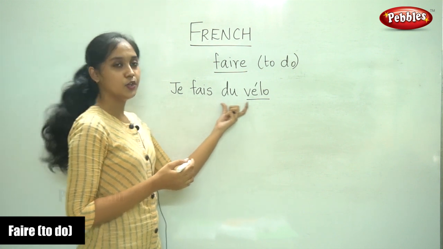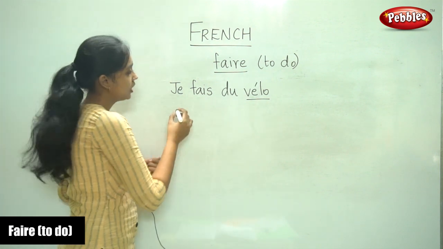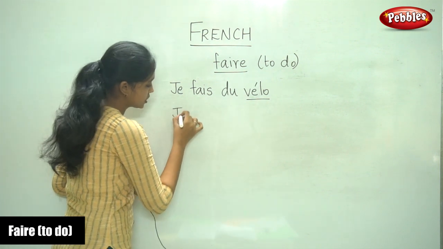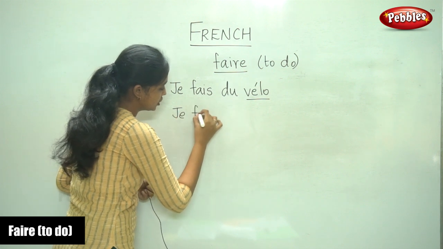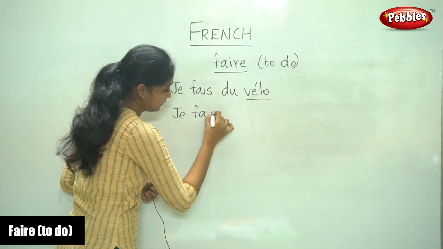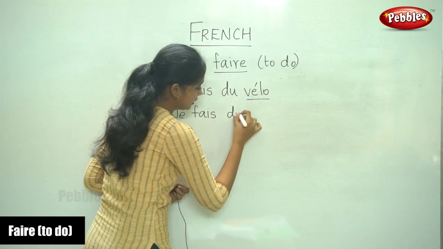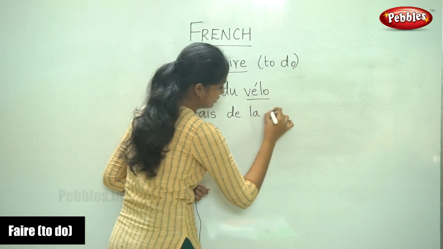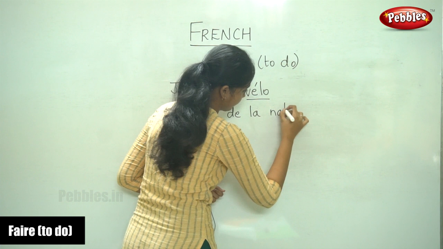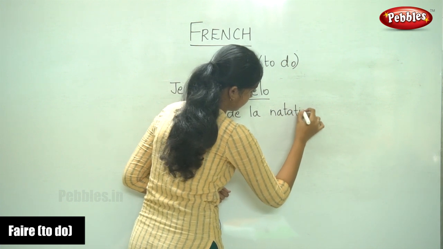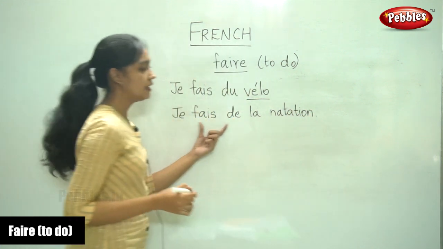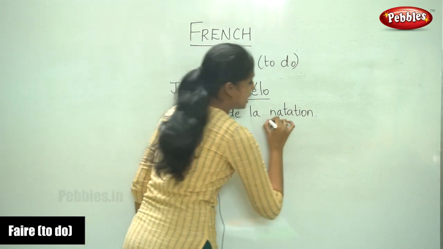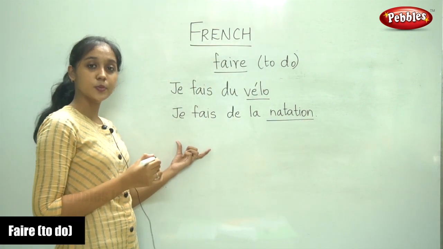Je fais du vélo. If you want to say I do swimming, je fais de la natation. It means I do swimming.